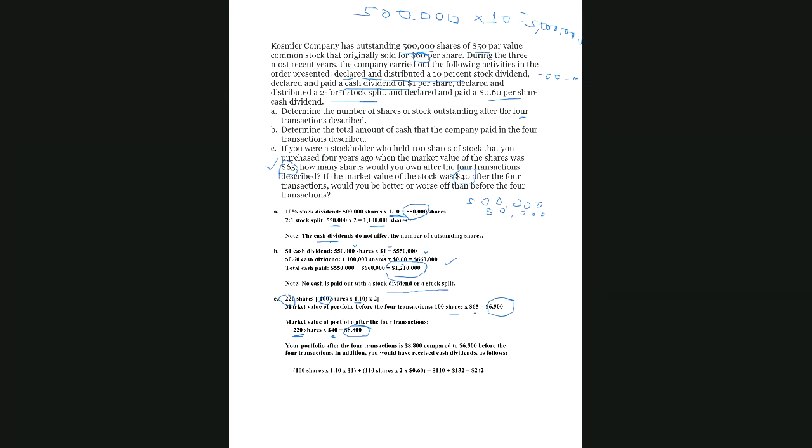And again, you're not being taxed on this. This is just the market price for the shares. Based on the market price of the shares, the market value of your investment has increased by $2,300.